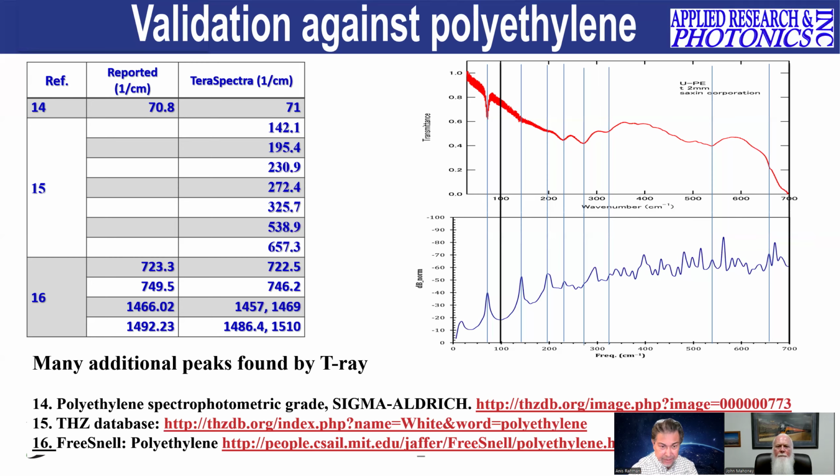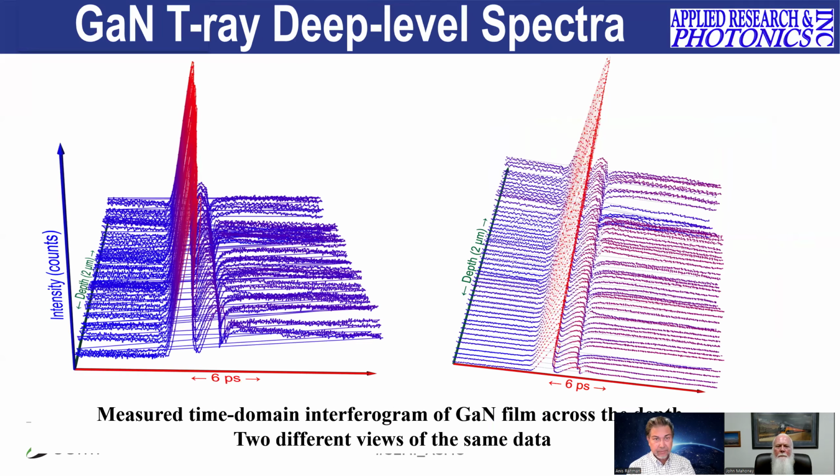So with that, now I talk about the deep level spectroscopy. Most of the time we take spectrum from the surface. But one purpose of T-ray is that it can penetrate deeper. Therefore, we are able to probe not only the surface. Just like in imaging, we can go deeper and see what's happening at a certain depth of a given sample, both by imaging as well as by spectroscopy.